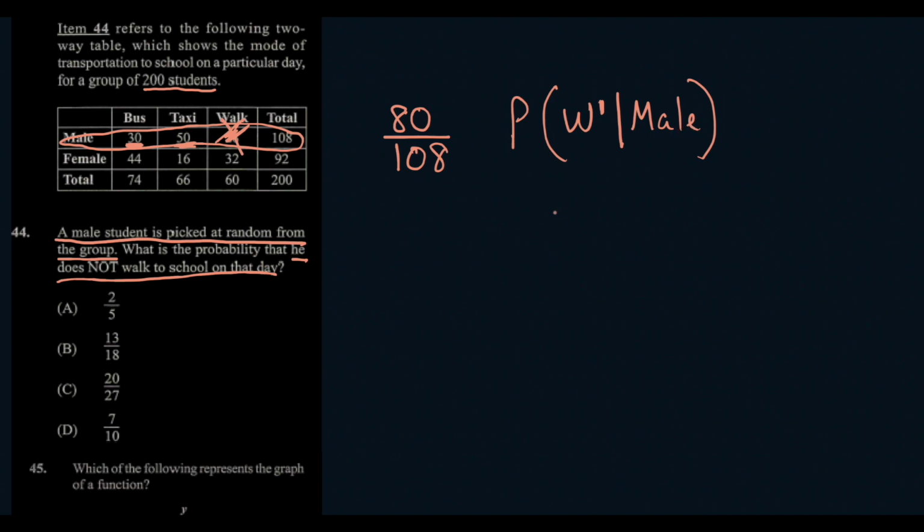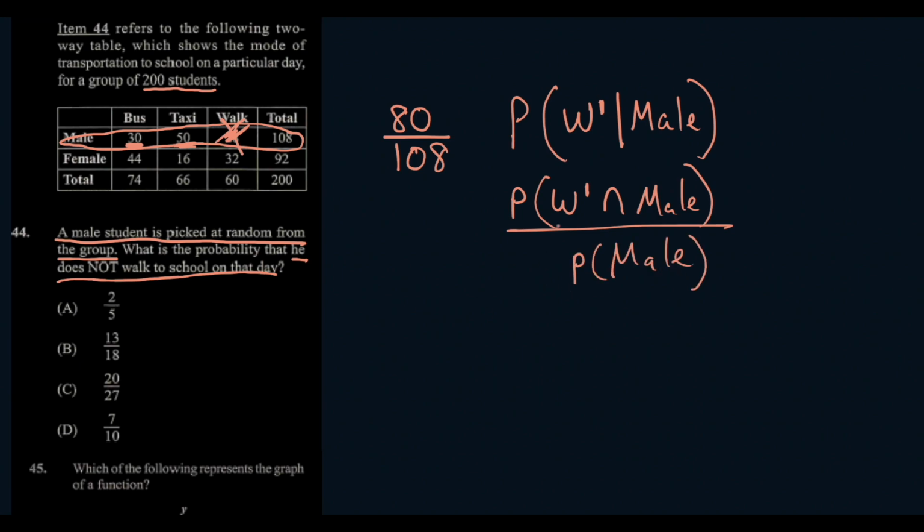Now how does this formula go? This formula goes like this. It's usually the intersection of not going to school and being male. So not going to school and being male, so W not intersection male, and that would be divided by the probability of being a male. So this is some advanced stuff here, right? Just for the record, the condition is that not walk, which is intersecting with male, so that would be 30, 50.